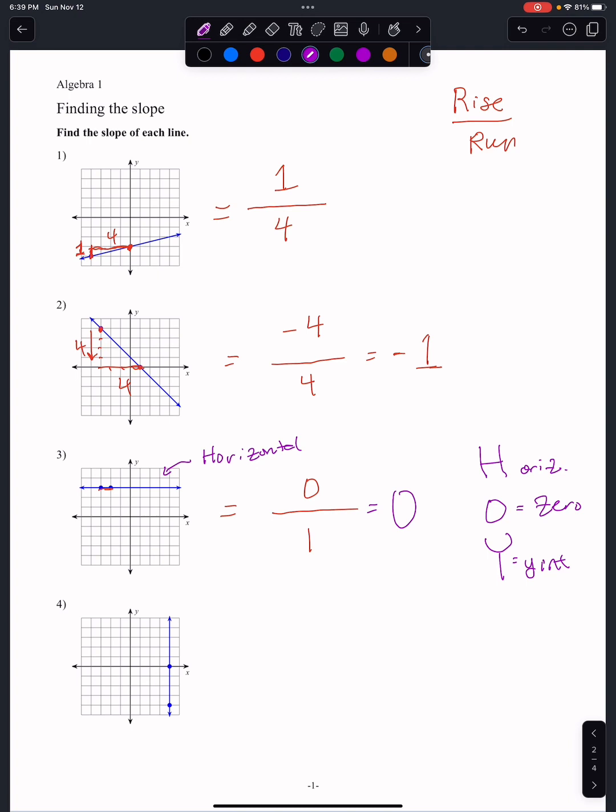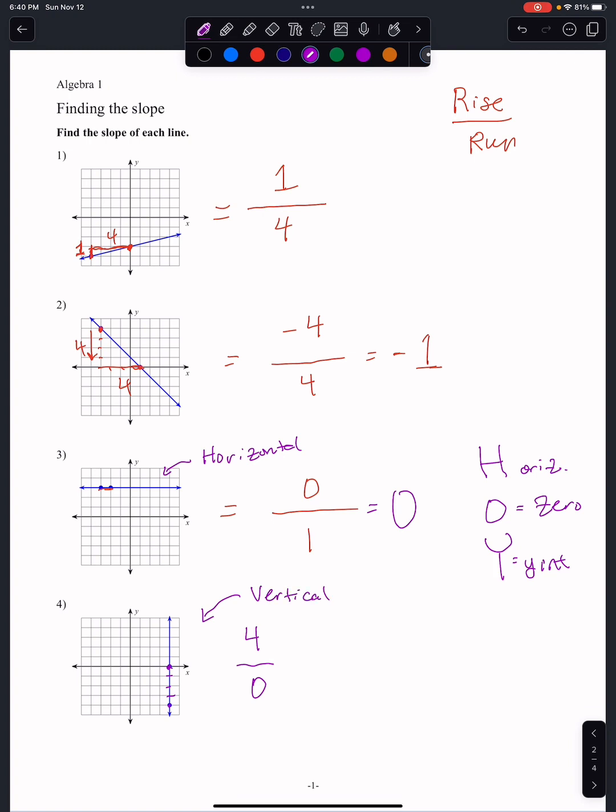Okay. Now, if I look at my next line right here, what's our rise? We rose 1, 2, 3, 4. We rose 4. But did we go any left or right? No. So that will be 0. This is a vertical line.